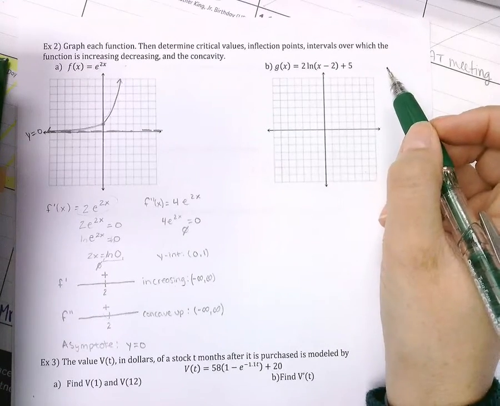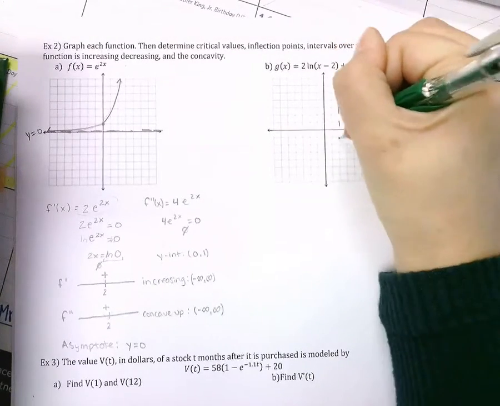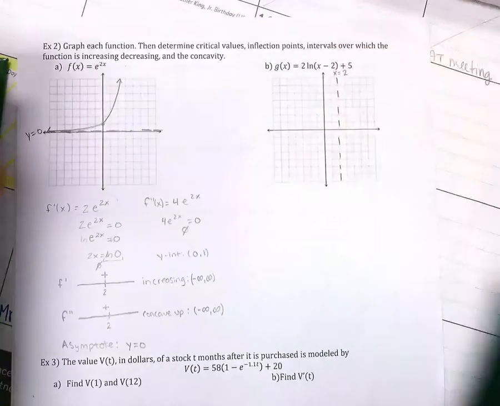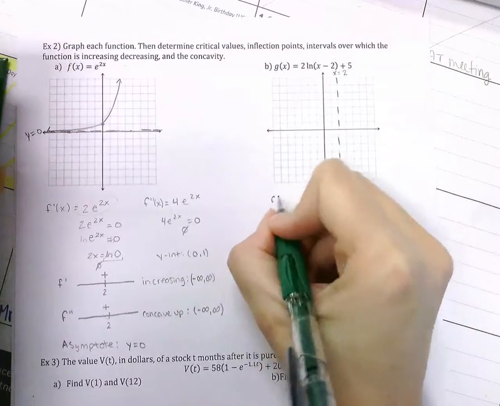Okay, so it's 2. You'll have a vertical asymptote going through x equals 2. You can identify that whenever. If it just says ln x, then it would be 0. Otherwise, you're just taking what's inside and setting it greater than 0, technically. All right, so then let's do the first derivative.